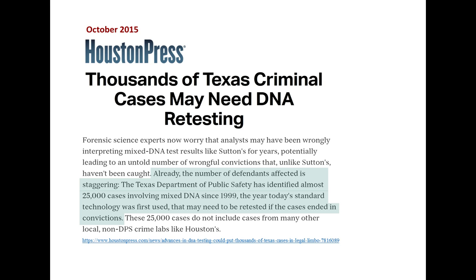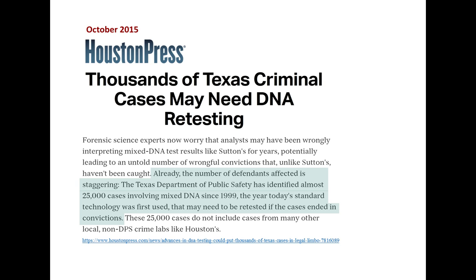After this Washington, D.C. lab was shut down and casework operations were suspended, the state of Texas, which is where I was working during this time period, then said, whoa, if there are weaknesses in the way DNA mixture interpretation is being done in Washington, D.C., I wonder if we have issues in the state of Texas as well.